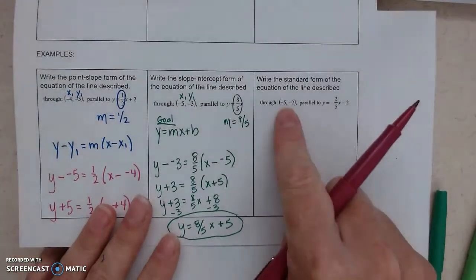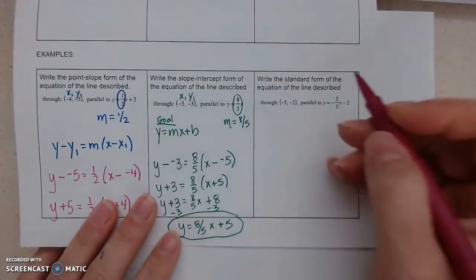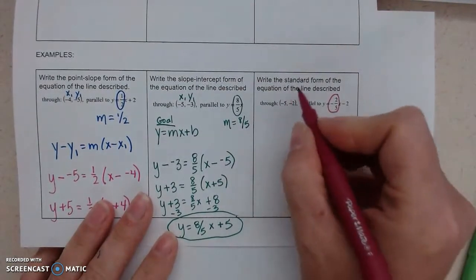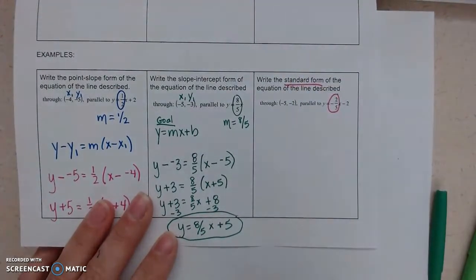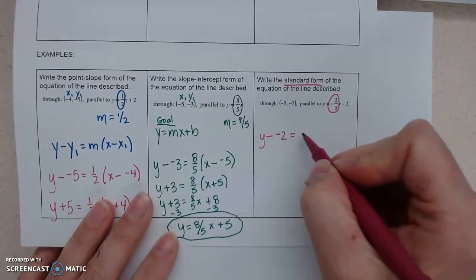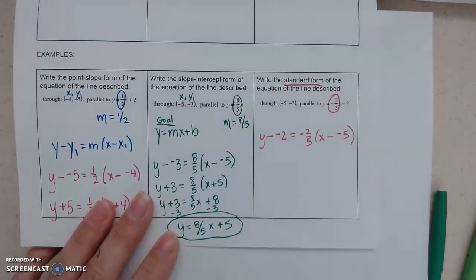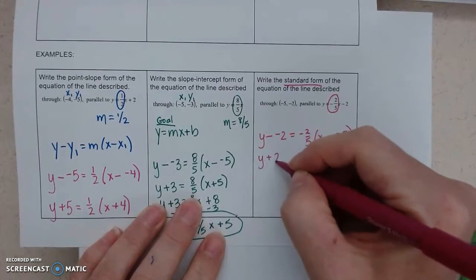Once again, they give us a point and they want it to be parallel to -2/5 x. So our slope, and we want standard form. So I want x and y on the same side. So I'm still going to start off with point slope form. And we'll simplify our signs.